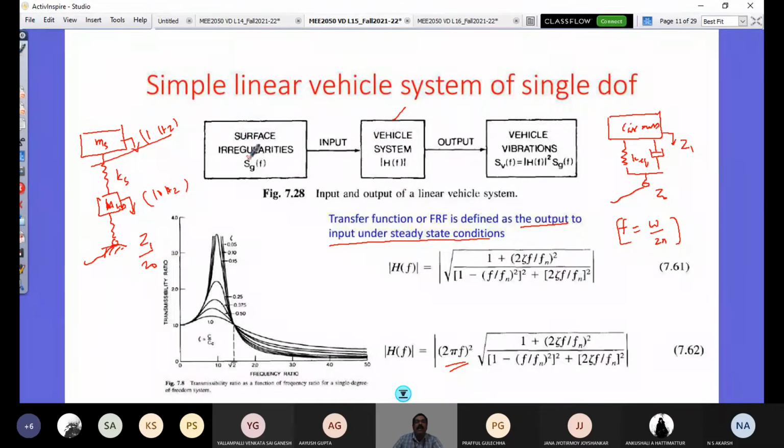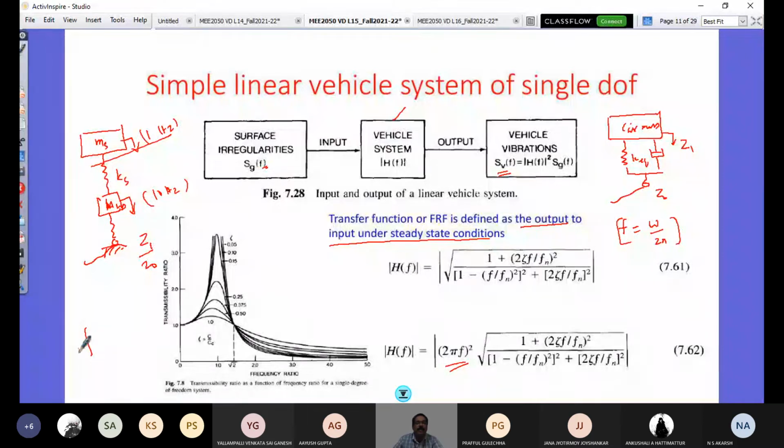And surface irregularities are given again like power spectral density function of your ground in temporal form, as a function of f. So if I give this as an input, I'll get an output here, and that would be my SV of f. If I know my SV of f, I can get my RMS acceleration very easily with this formula.